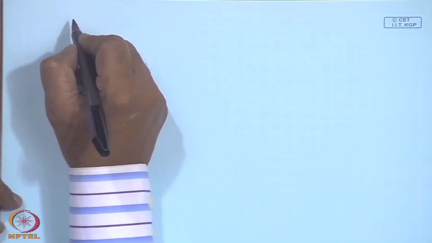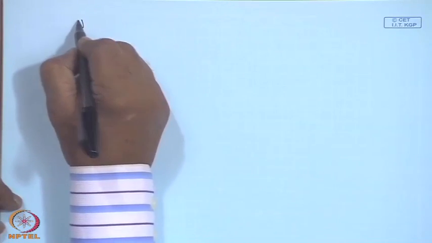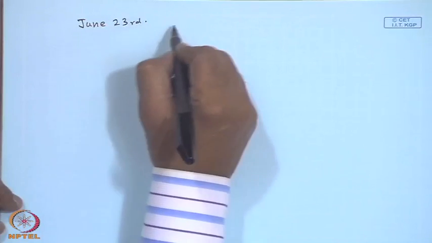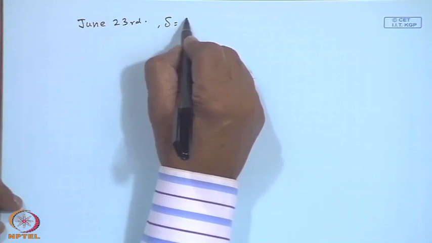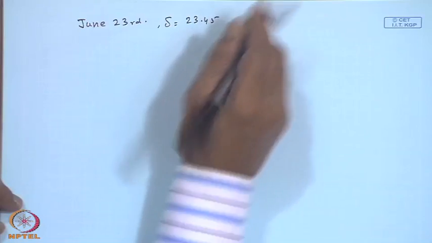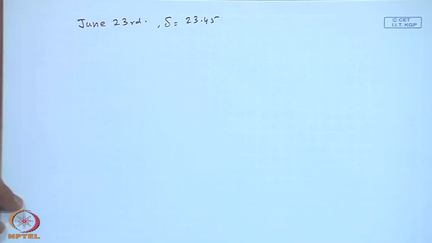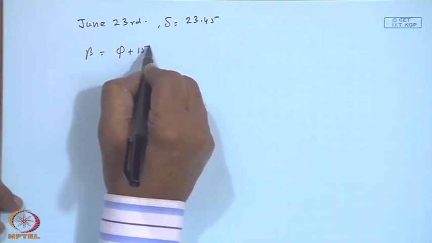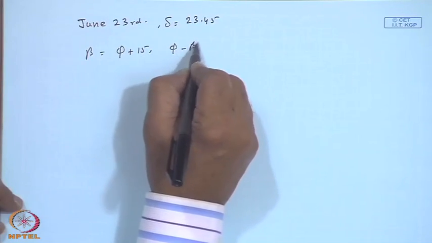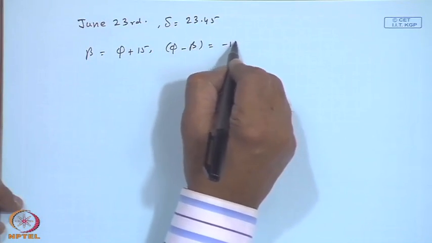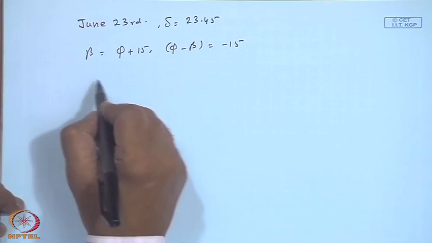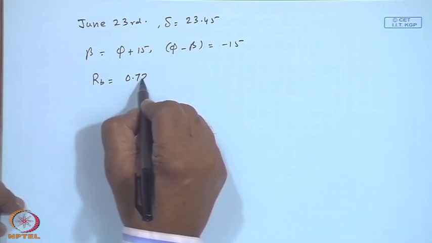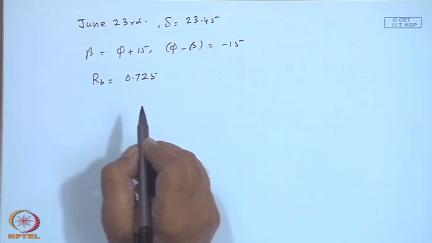So, we go to the next date, June 23rd, and declination is 23.45. First case being beta phi plus 15, or phi minus beta equal to minus 15, and RB you will have a low value, 0.725.